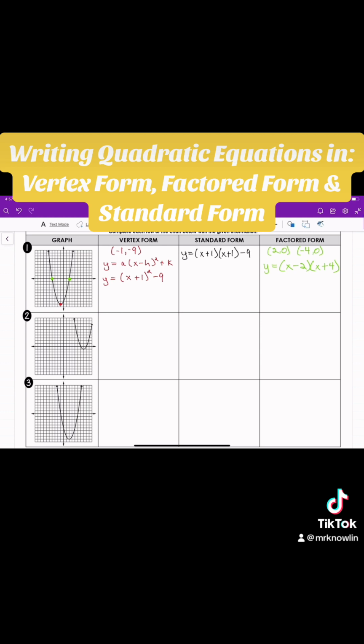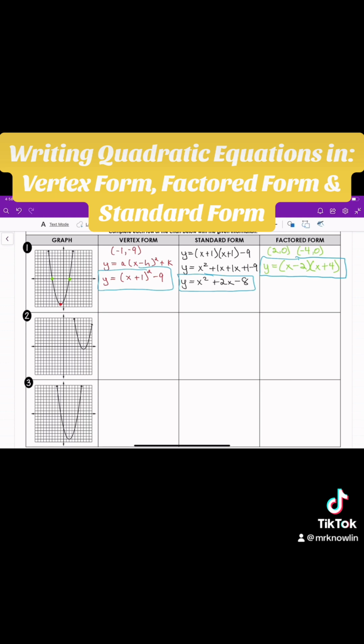Then we would use our distributive property and multiply the polynomials. Then we would get y equals x squared plus 2x minus 8. These three would be our final answers here: our vertex form, our standard form, and our factored form.